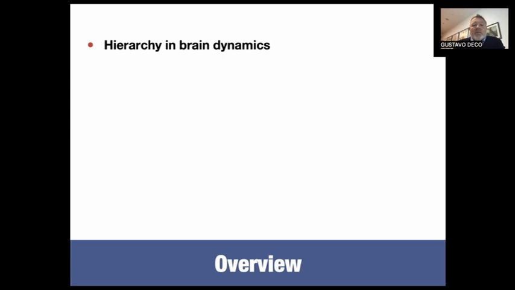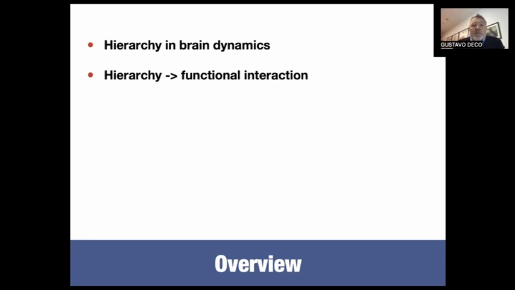Our main interest from the neuroscience point of view is to assess the functional hierarchy of whole brain dynamics under different circumstances, or how the hierarchy changes in different brain states, in different cognitive states, or even in different clinical states.